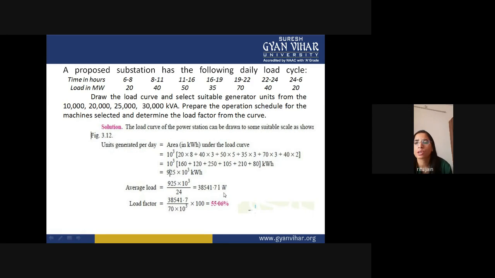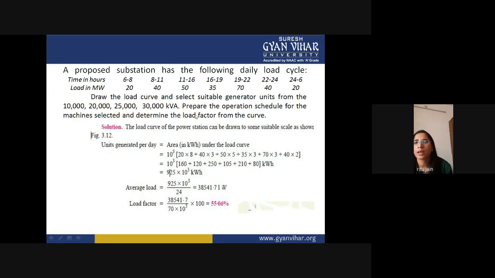So the average load of this substation is 38,541.71 kilowatt, which is divided by your maximum demand, which is 70 megawatt. So you can easily calculate the load factor, which is 55.06%.